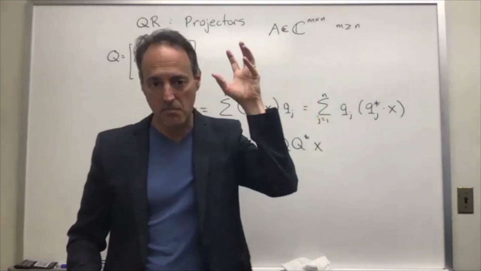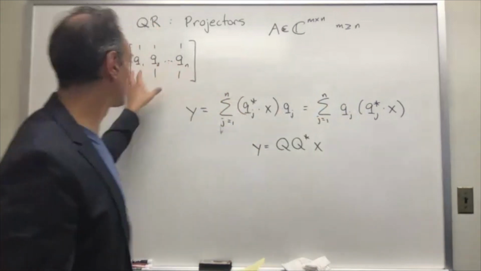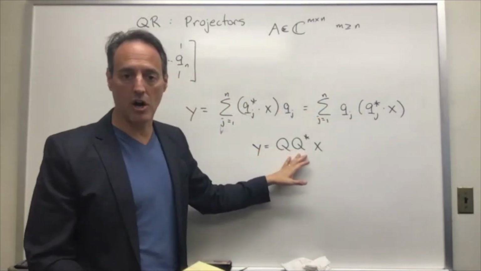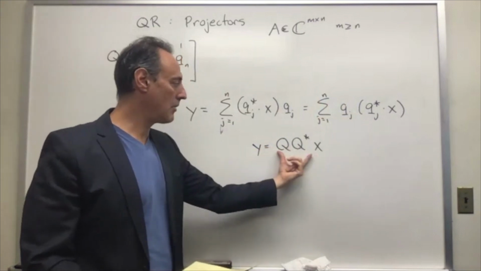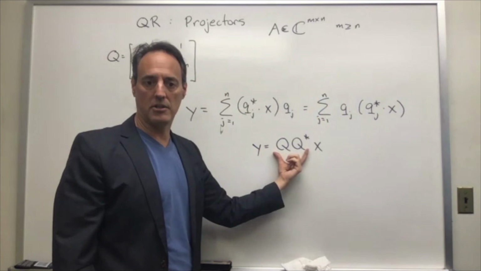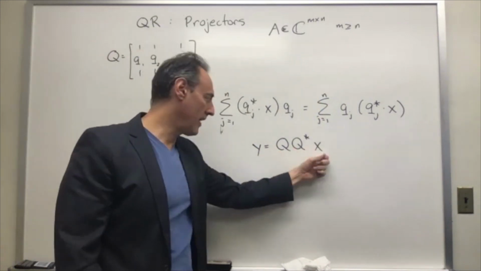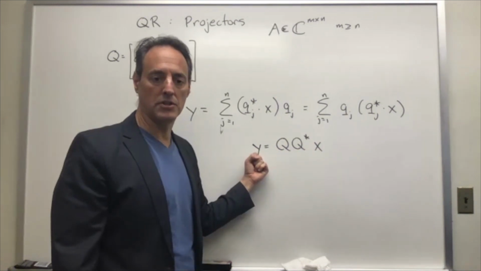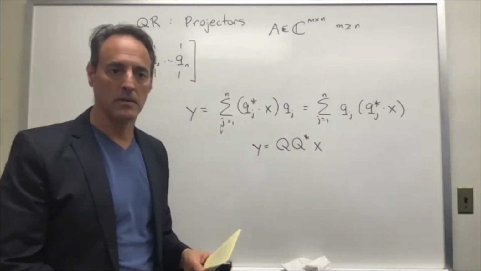I just take this matrix of Q to Q of n, multiply by Q star, and what I have now is this object is my projector onto the n-dimensional subspace. So take any vector, multiply by this, now you have the projection into that subspace.